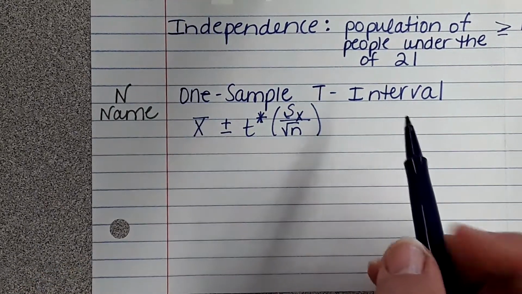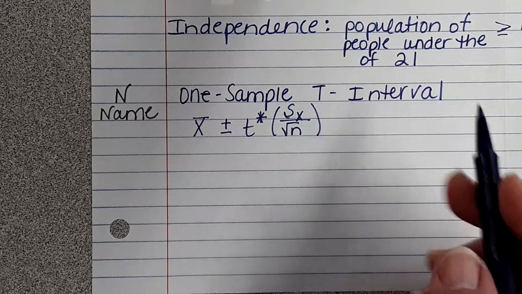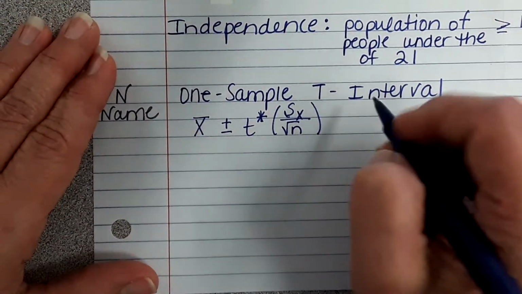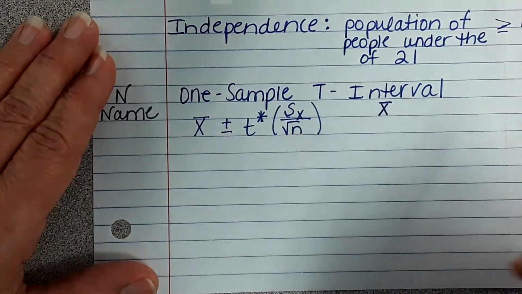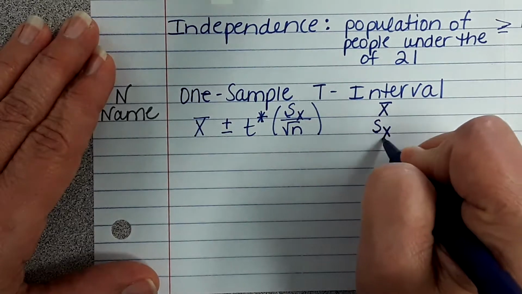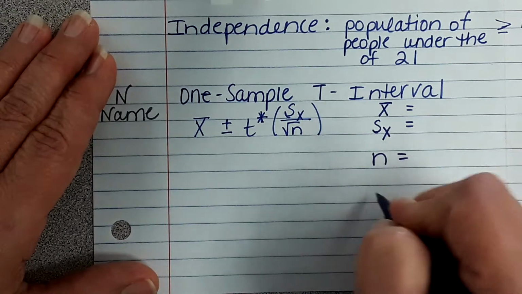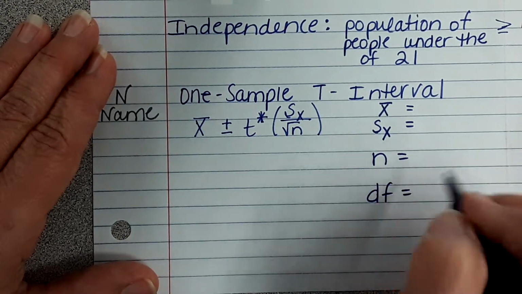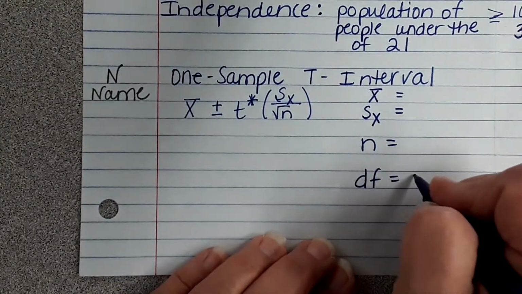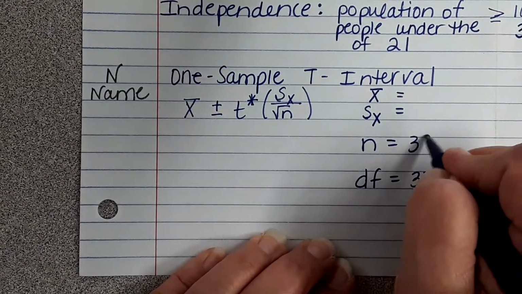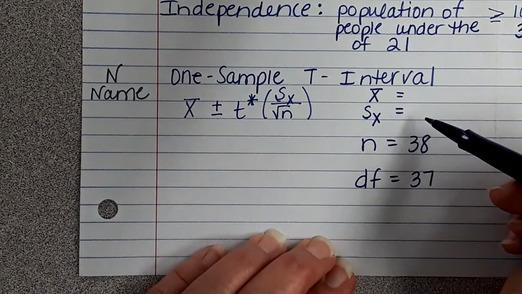So what would our t star fall under? So we know our x bar because they're giving it to us. We know our s of x because they'll give it to us. They're going to give us our n, and then what is our degrees of freedom? 37. N is 38. They'll give us our x bar and s of x when it comes up.